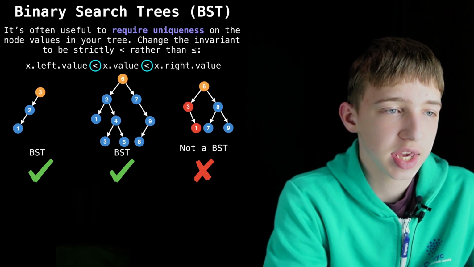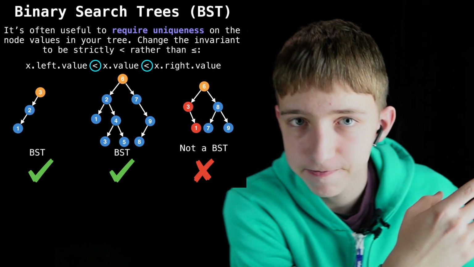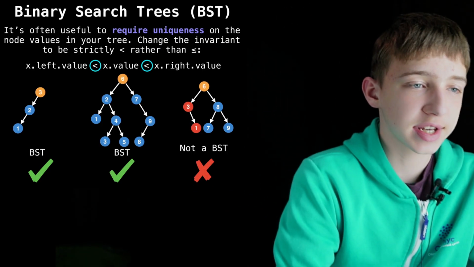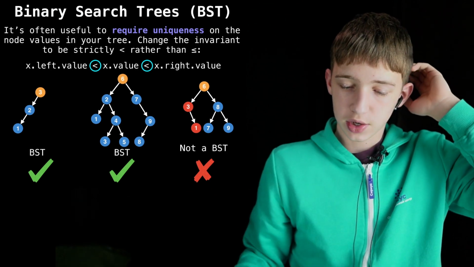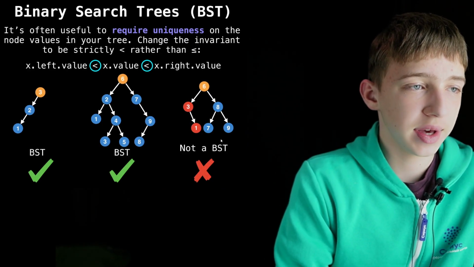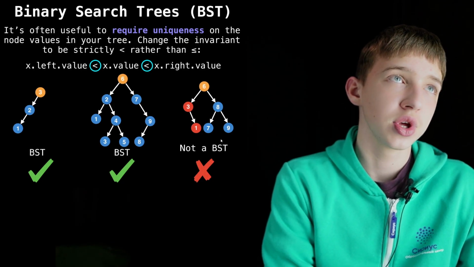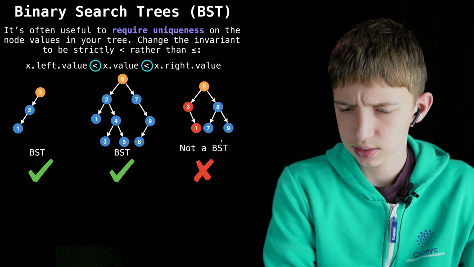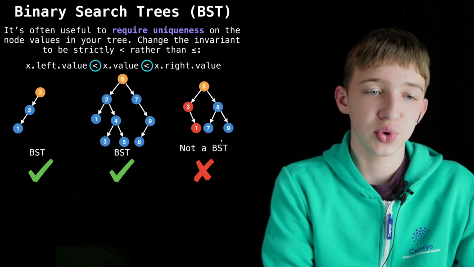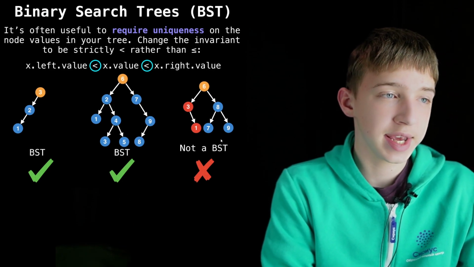Yeah, all right. And the next thing is that in some cases it is often useful to require uniqueness of the values. So here we have a strict inequality rather than greater or equal, less or equal. We have just less, and it guarantees that there are no duplicates in the tree, and this is how a set works.